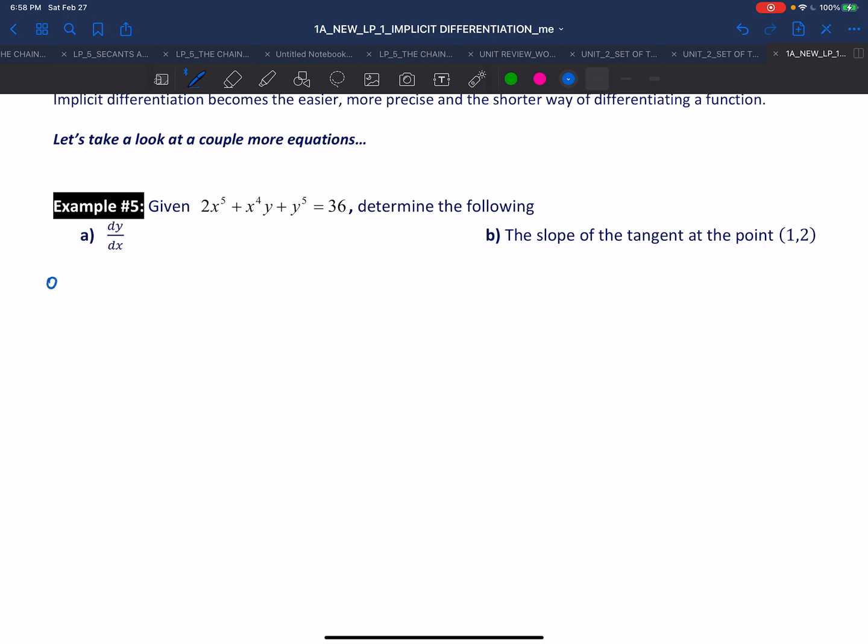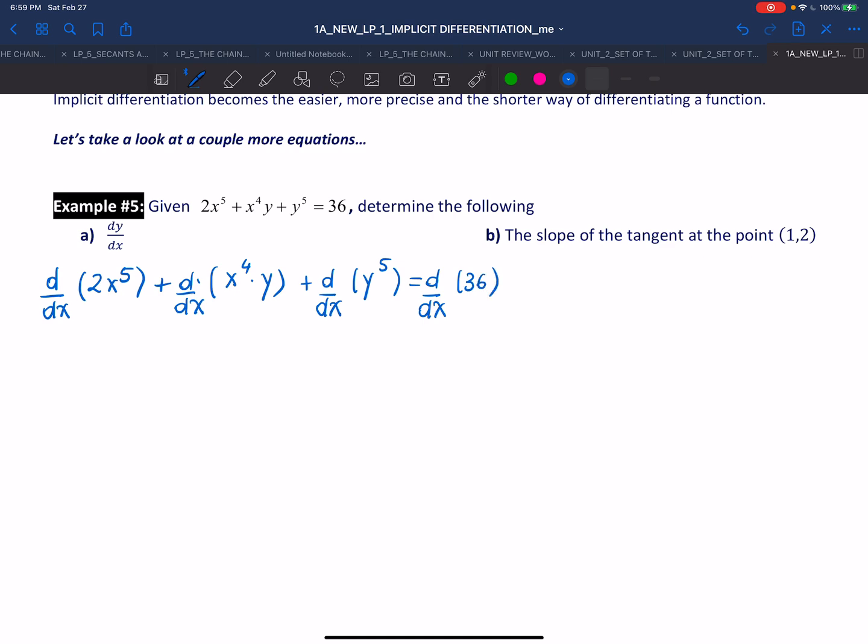So we know that we have to take the derivative of every term. d/dx of x to the power of 4 times y plus d/dx of y to the power of 5 equals d/dx of 36.